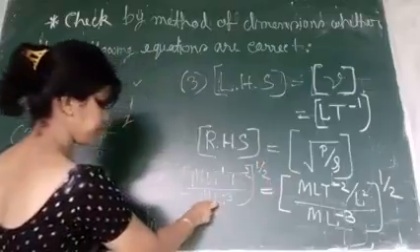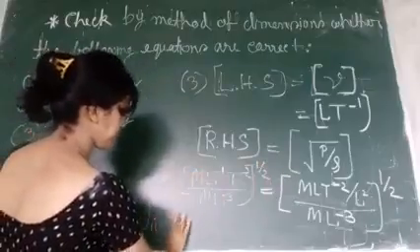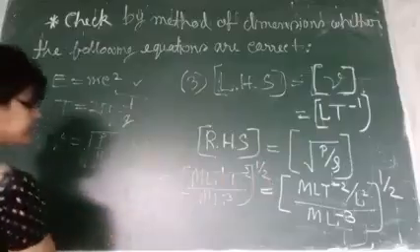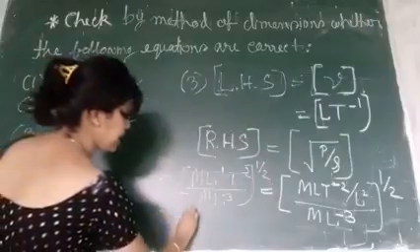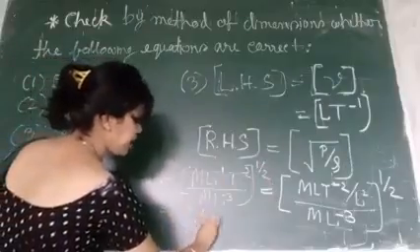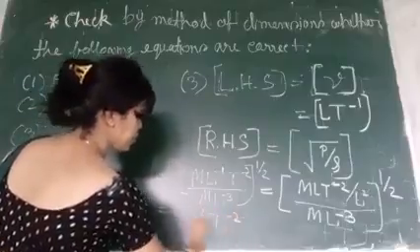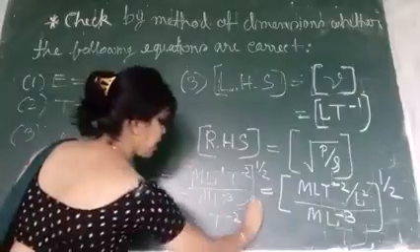If we bring this term L to the power minus 3 above, what will be the result? M and M cancel, and we get L square t to the power minus 2, to the power half.